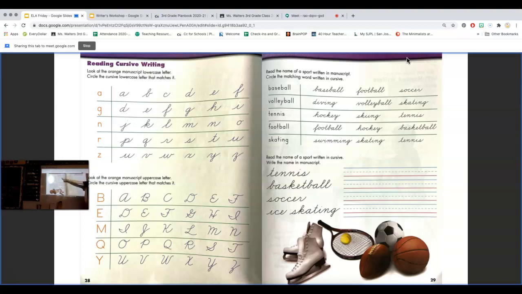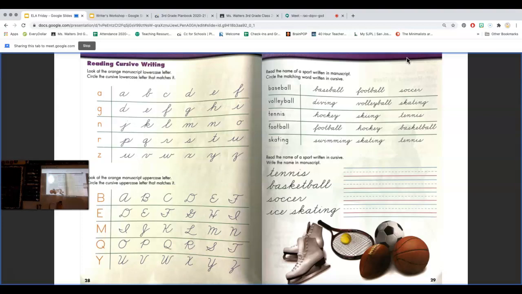Volleyball. We have diving, volleyball, and skating. So we're going to circle the middle one. That says volleyball. Jaden and Judah, I'll wait because I'm not going to talk over you guys. People can barely hear me as it is. Okay.